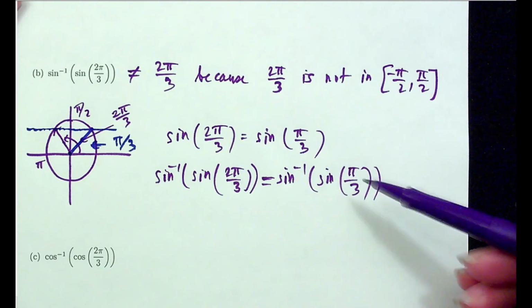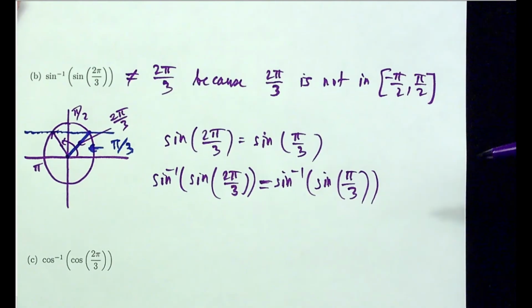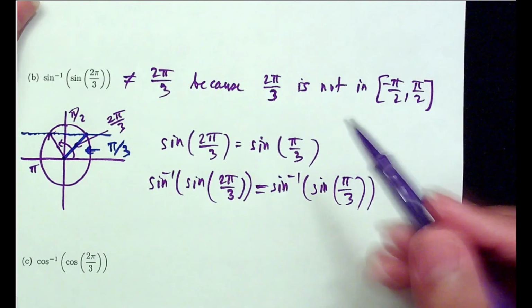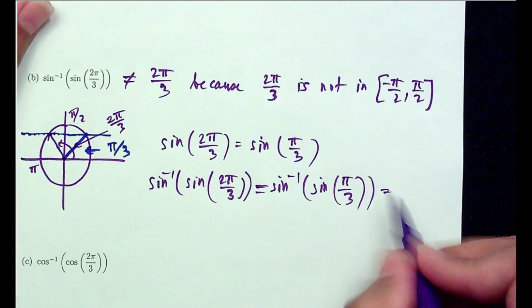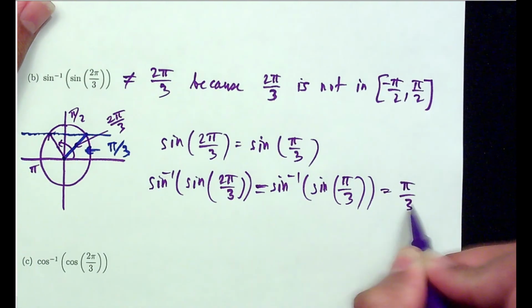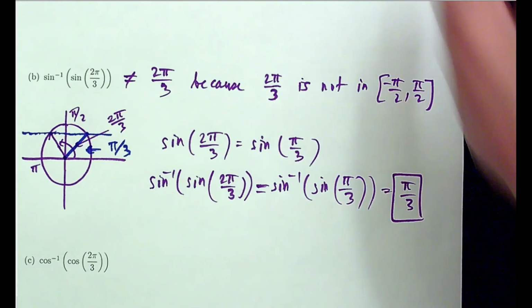But now, pi over 3 is between negative pi over 2 and pi over 2. So these two cancel each other off and give you the answer pi over 3. And that's the end of that problem.